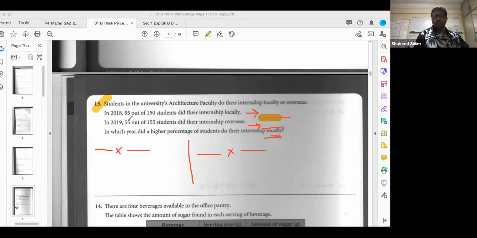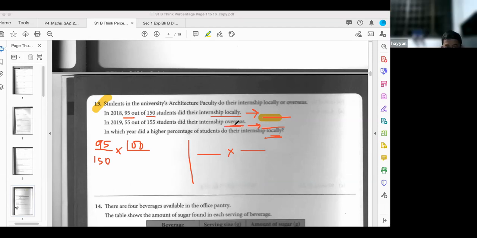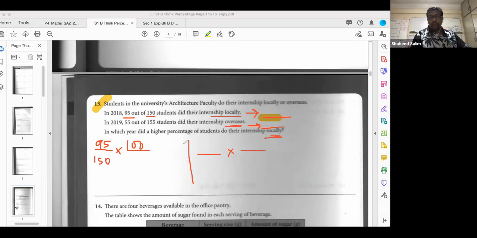Now, first of all, we need to know 95 out of 150 did internship locally. So 95 over 150 times 100. This one now they didn't give, so they give overseas. 155 minus 55 gets 100, so 100 students did their internship locally. So 100 over 155 times 100. You will get the answer.